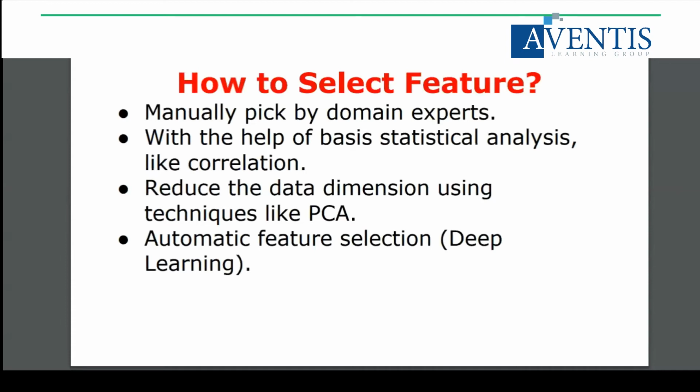You can reduce the dimension of your data using special techniques like principal component analysis or linear discriminant analysis. There are lots of techniques using which you can reduce the dimension. And finally, automatically select the features.